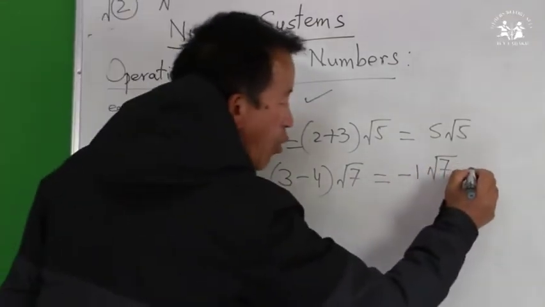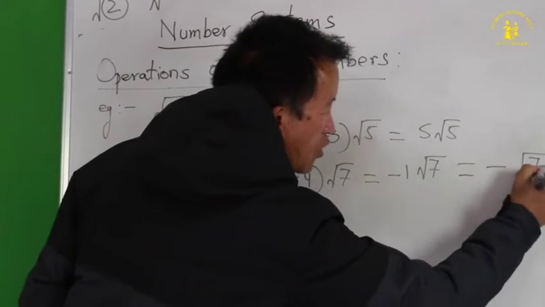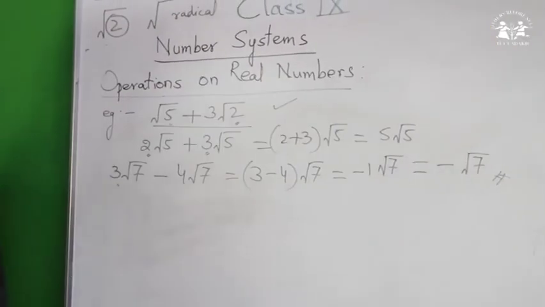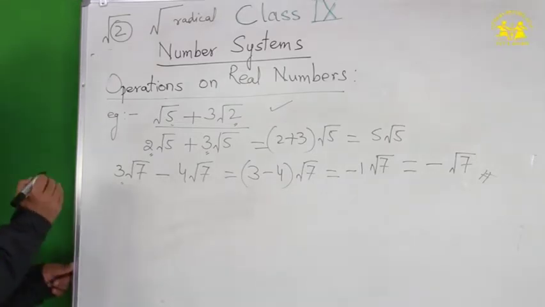Minus 1 you can just write as minus square root of 7.